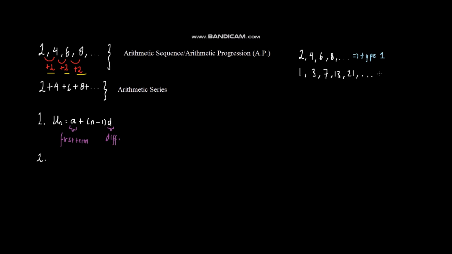Well, let's try finding the differences between each consecutive pair of terms. Let me use red. The difference between these two numbers is plus 2, right? And this is also plus 2. Oh, sorry. This is plus 4.